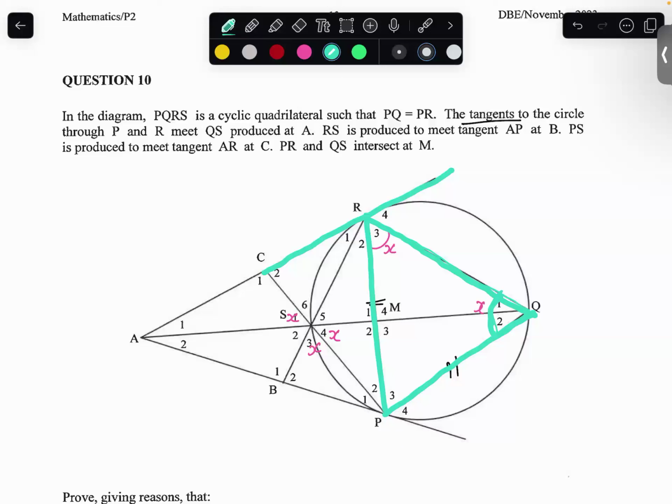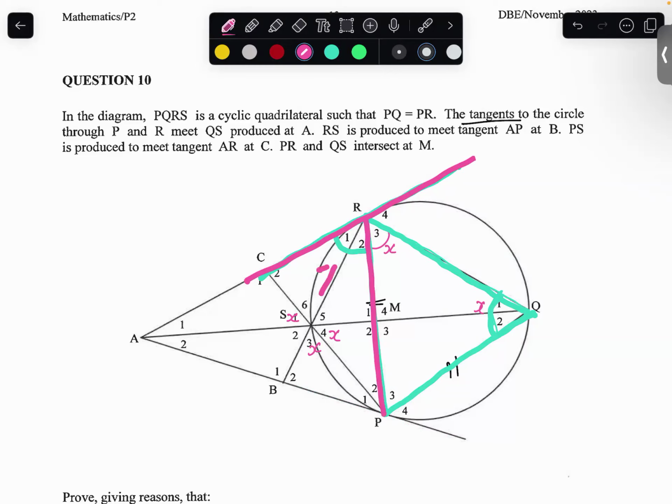It also meets the other tangent, but I'm going with this one.